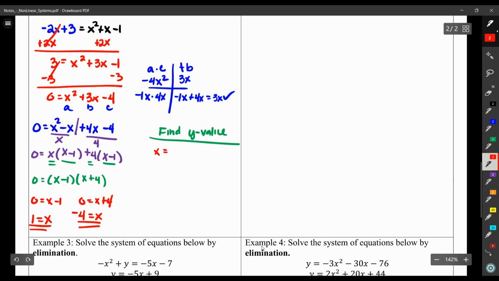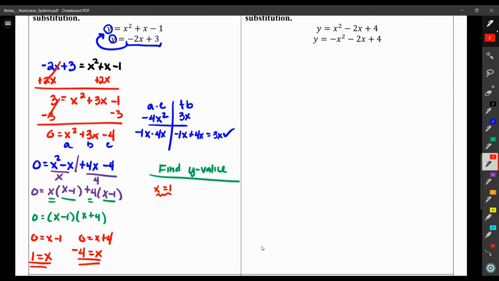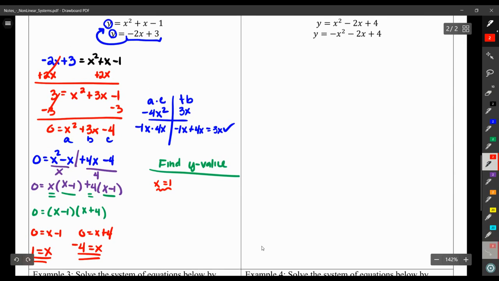The first one I'm going to substitute is x equals 1. It doesn't matter which equation you substitute into, so pick the one that looks the simplest mathematically, which would probably be the linear function. I'm going to use the linear function y equals negative 2x plus 3 to find the value of y. So y equals negative 2 times 1 plus 3.